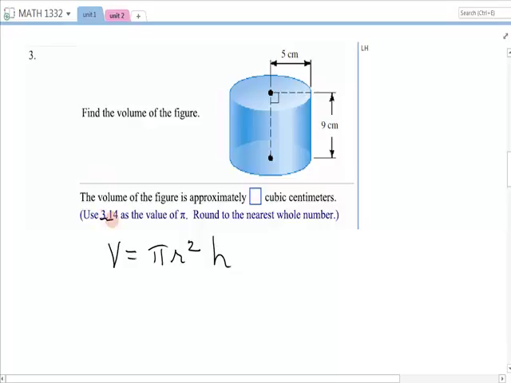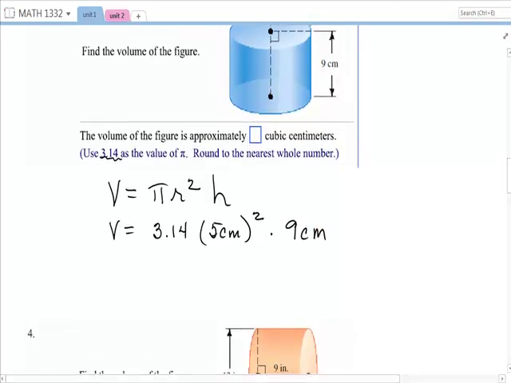Thank goodness they are telling me to use 3.14 as the value of pi. So the volume is 3.14 times, do you know the radius? 5 centimeters. I'm going to need to square that, times the height, which is 9 centimeters.